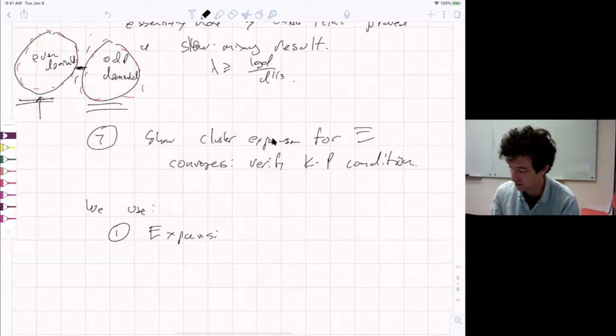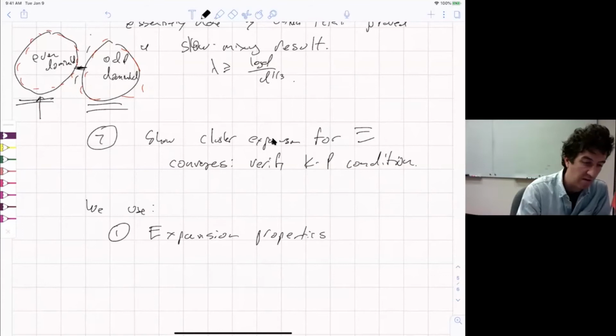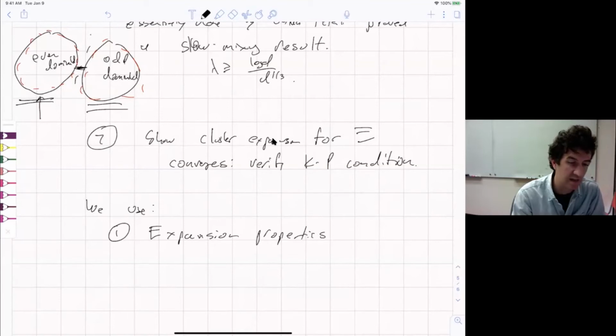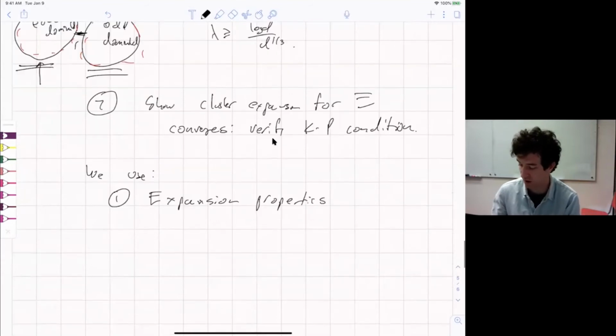We saw with the Potts model how important expansion was in understanding the Kotecký–Preiss condition, and we'll use this here too. The important thing to keep in mind is that for small sets, the hypercube is a great expander, but for large sets, it's not such a good expander, and so we'll need something else here.